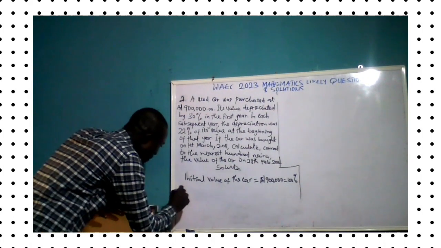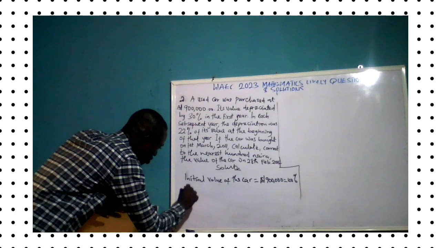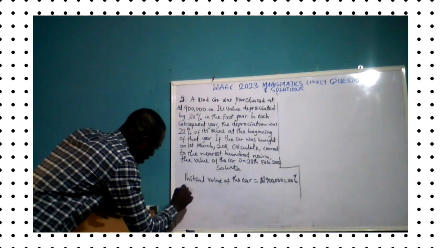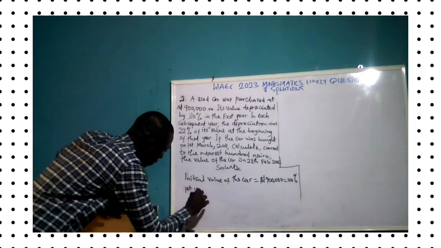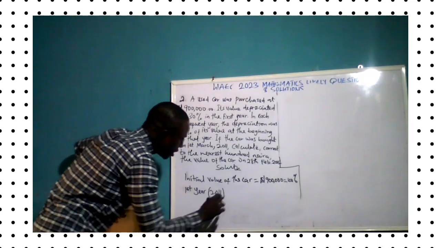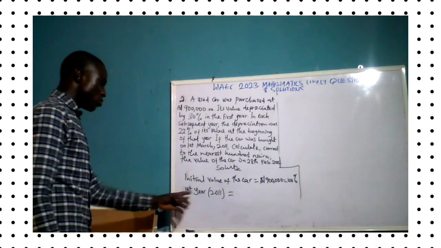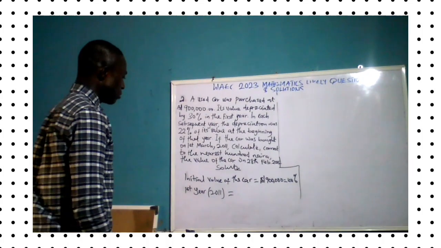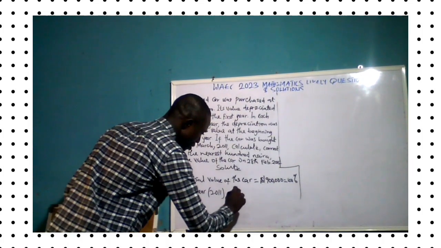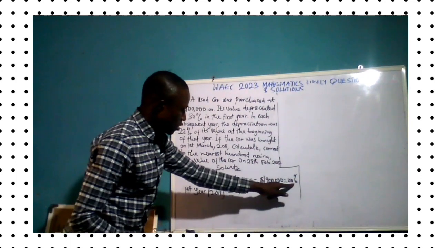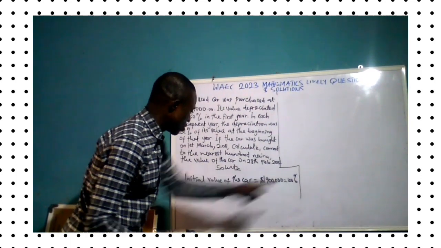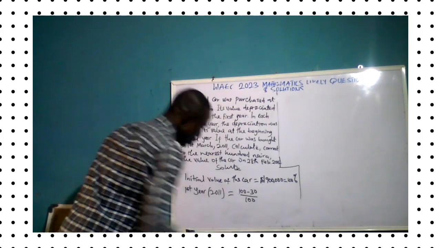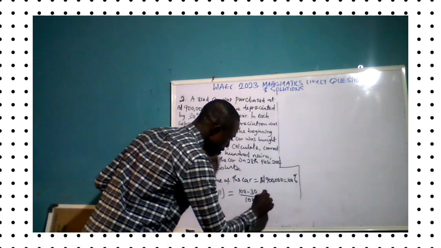So for the first year, which is 2011, the value has depreciated by 30% of its original value. The percentage will now be 100, which is the initial percentage, minus 30, all over 100, of its original value.